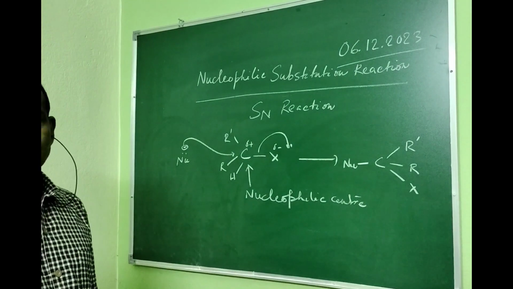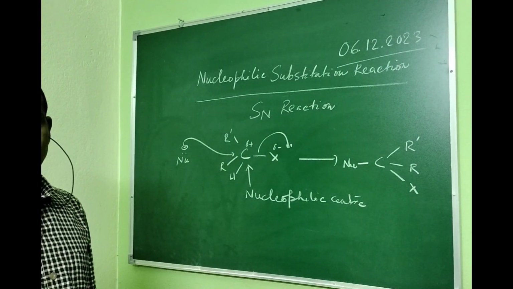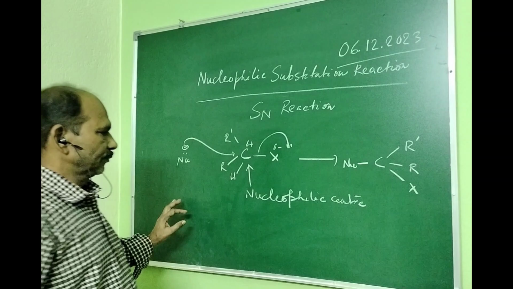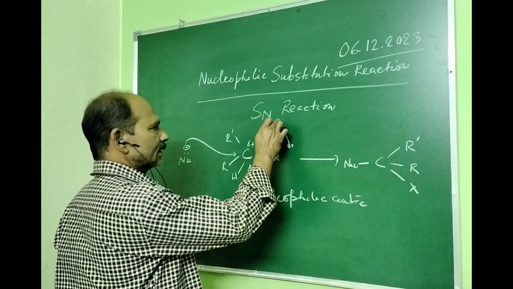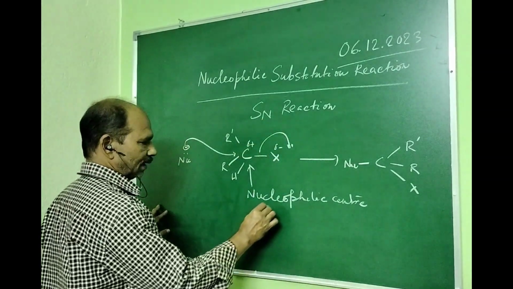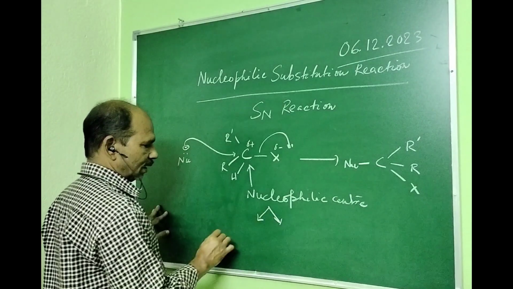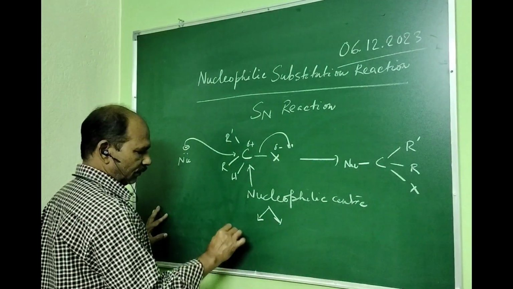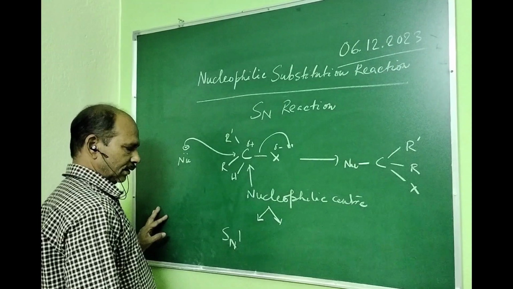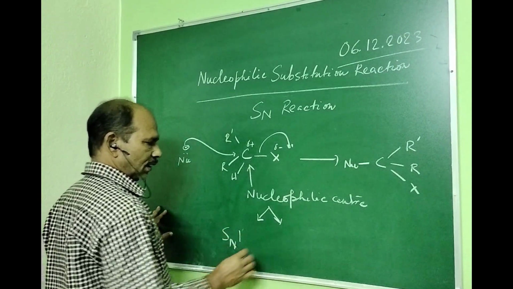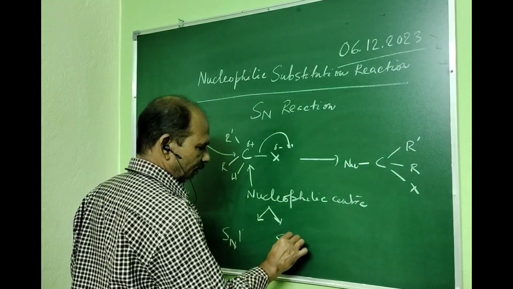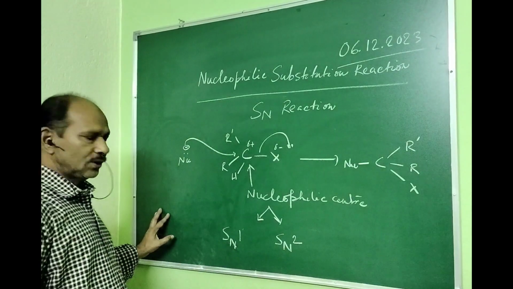It may happen in two types. That means SN reaction is divided into two types of reaction. One is substitution nucleophilic unimolecular, that is SN1, and another is substitution nucleophilic bimolecular, that is SN2.